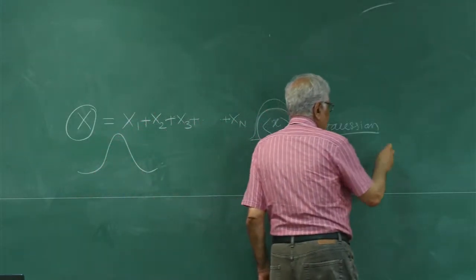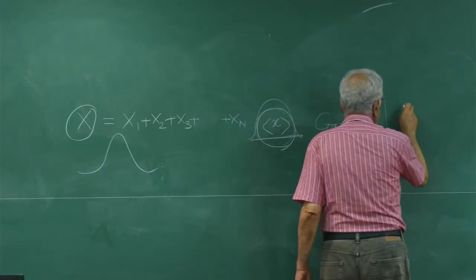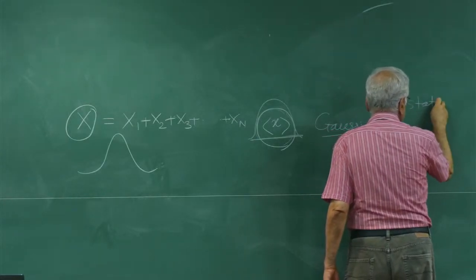How do I specify the state of a classical system?